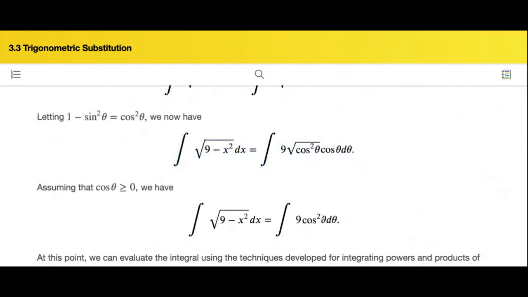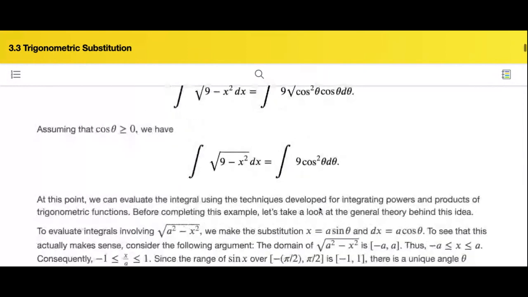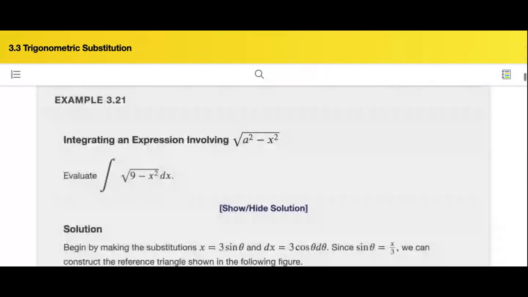Well, cosine squared theta, we could use the double angle formula. Cosine squared of theta equals a half plus a half cosine 2 theta, right? Then we can anti-differentiate from there.